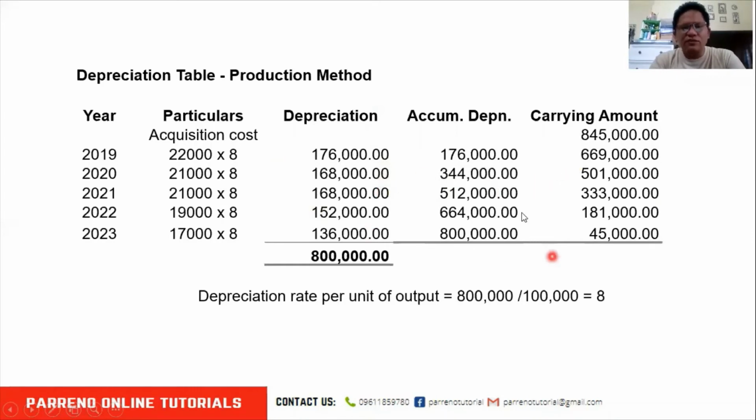If you observe, your carrying amount is still 45,000, which is equivalent to the scrap value for this machinery. So stay tuned for the continuation of this video tutorial. We will be discussing another depreciation method, which is the sum of the year's digit.